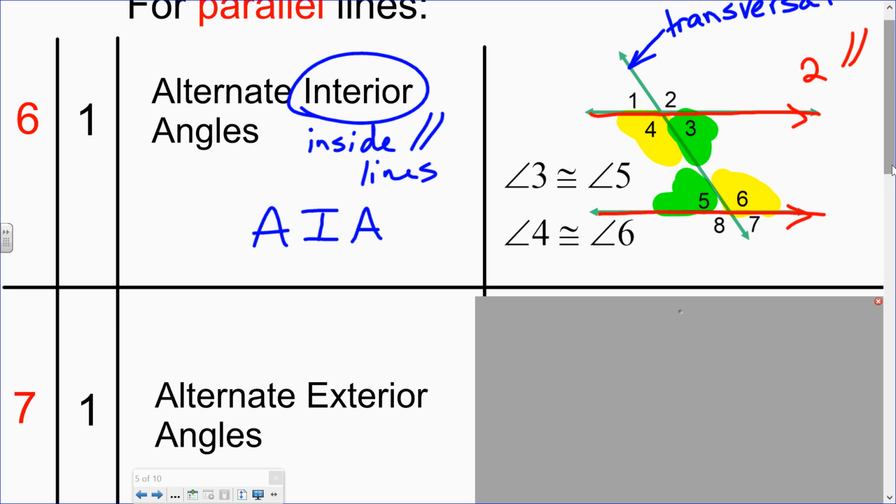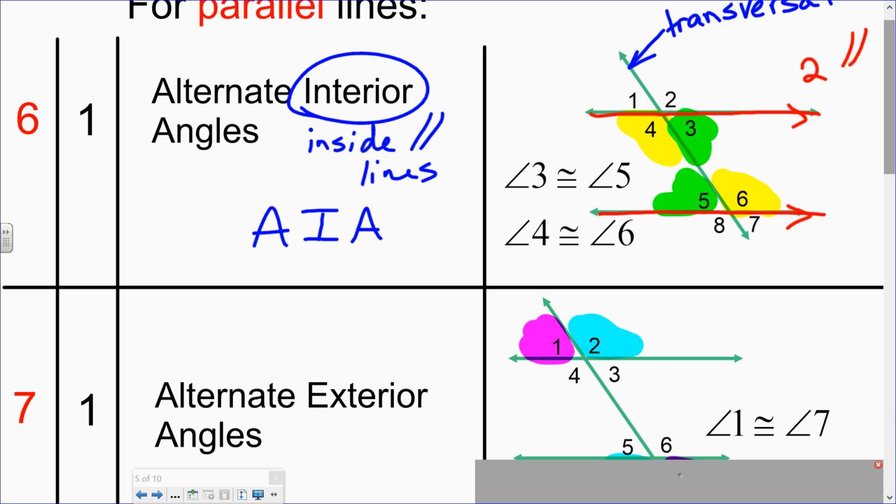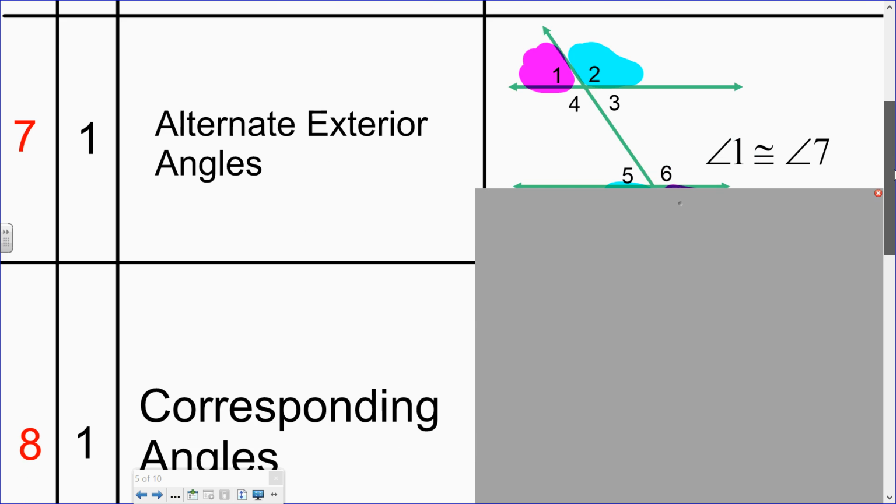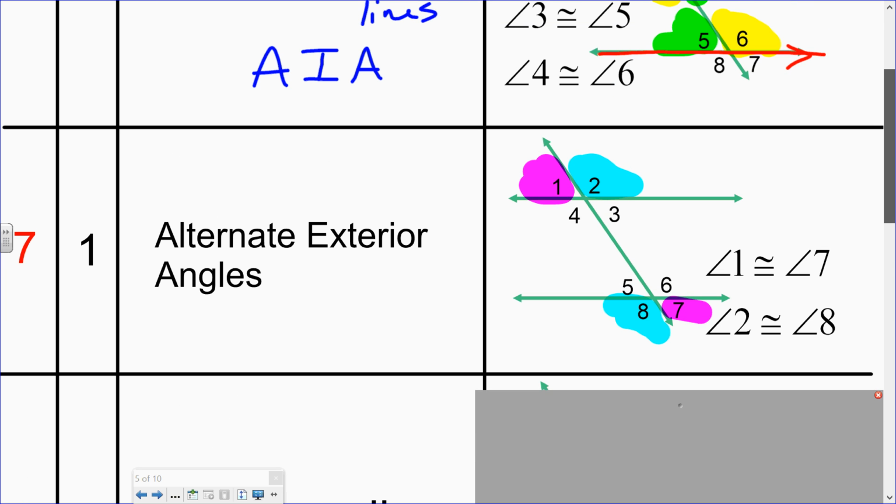So now exterior angles will be 1, 2, 7, and 8. And it looks like 1 and 7 need to be the same, and 2 and 8 need to be the same. Sorry about that. 1 and 7 are both outside. They're by opposite parallel lines and on opposite sides of the transversal.